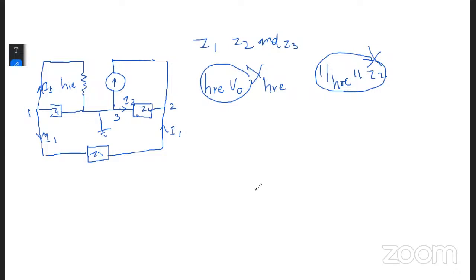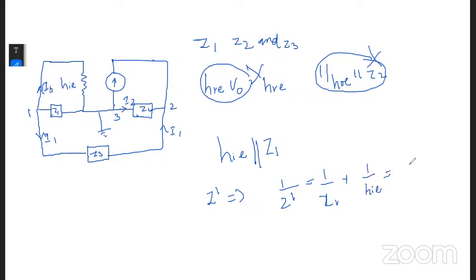Since the input resistance of the transistor is HIE, which we have drawn here, and the impedance Z1, this HIE and impedance Z1 are in parallel. Their equivalent impedance value is given by Z dash. So we can write 1 by Z dash equals 1 by Z1 plus 1 by HIE.